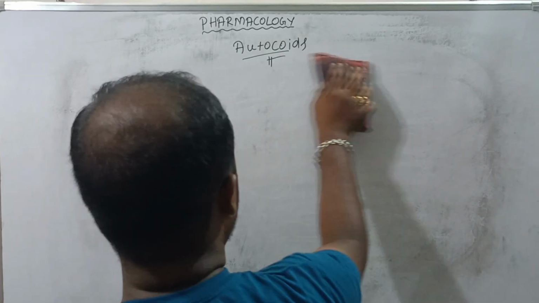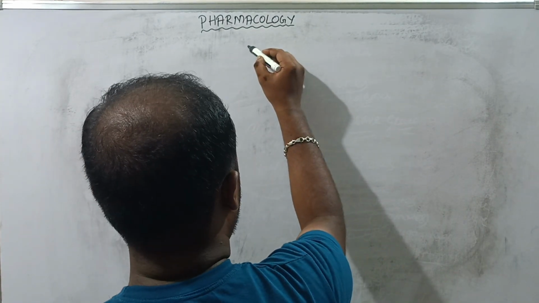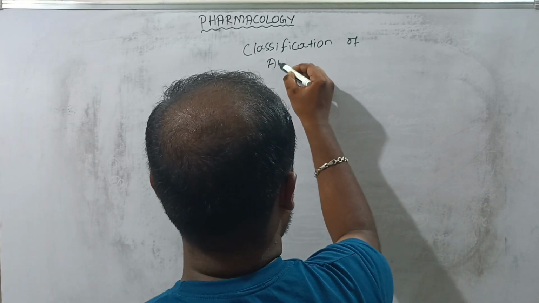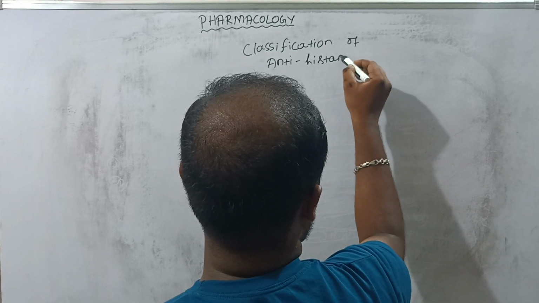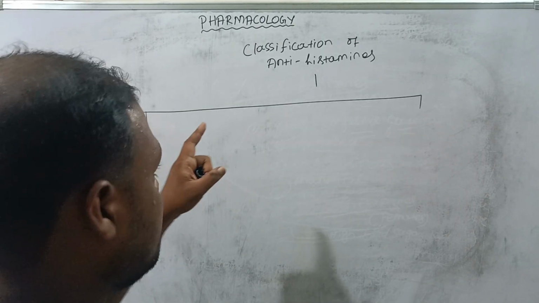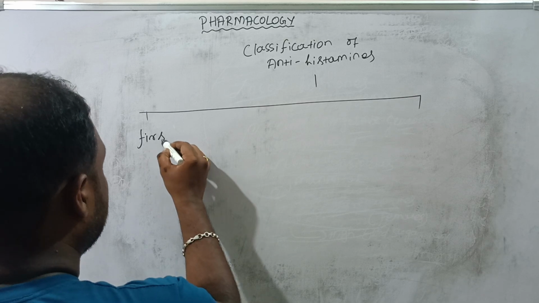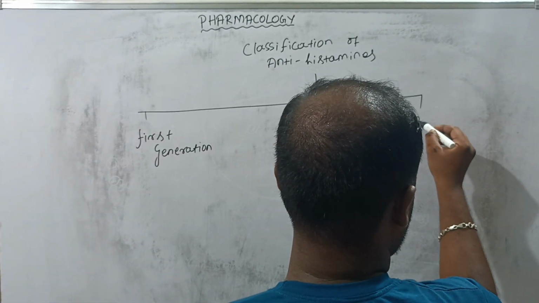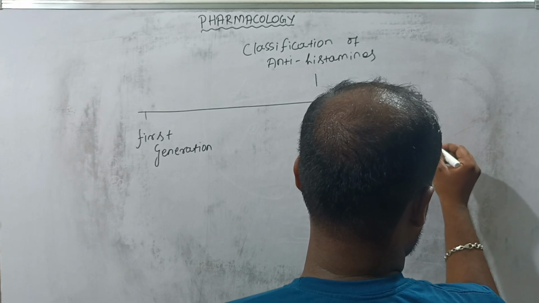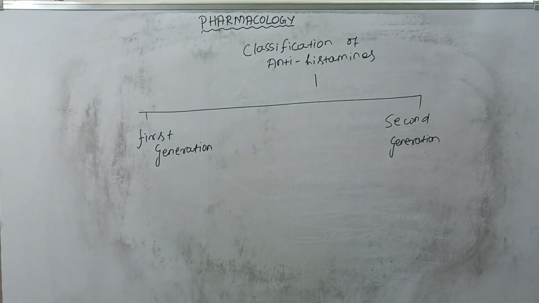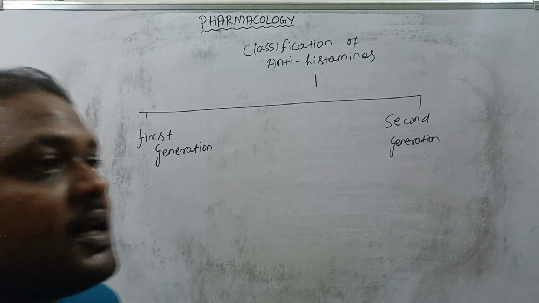The antihistamines have two types: first generation and second generation. Clear?